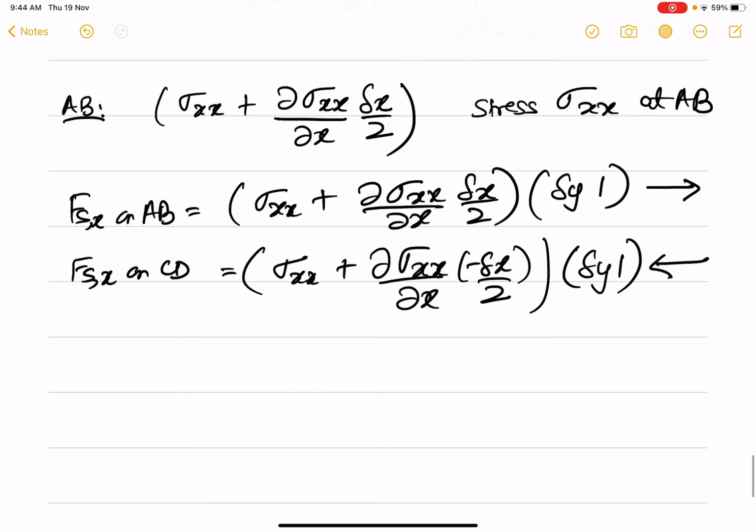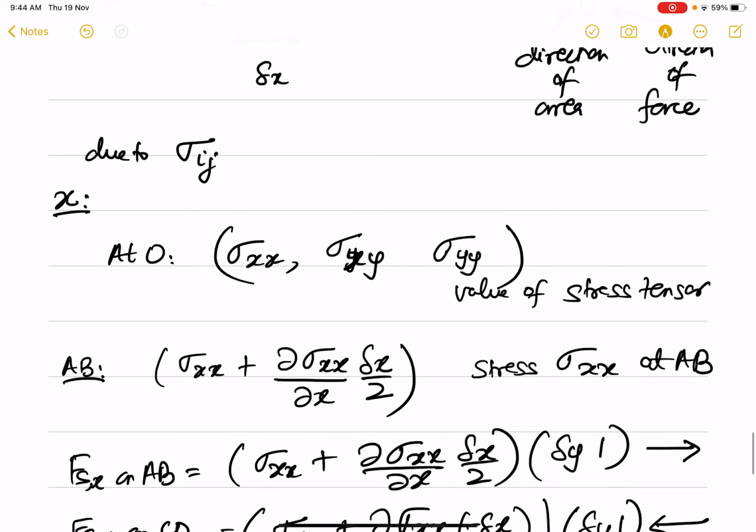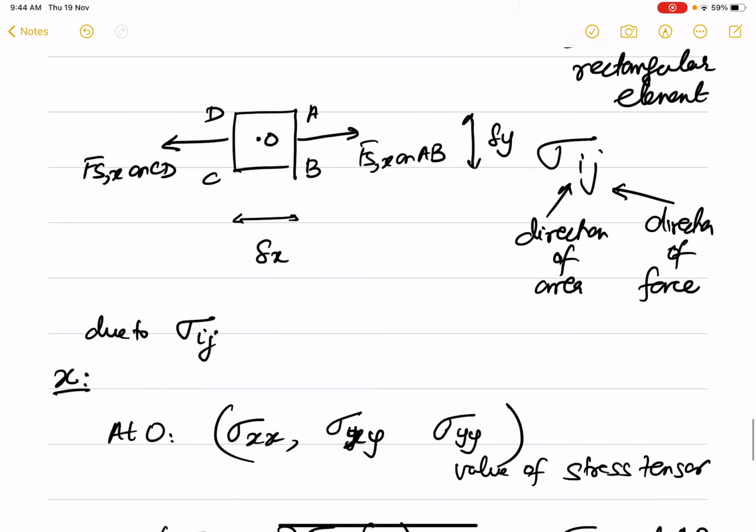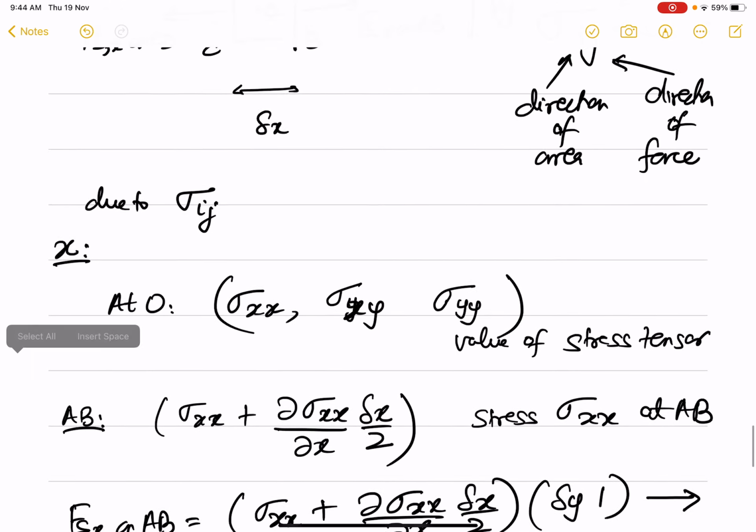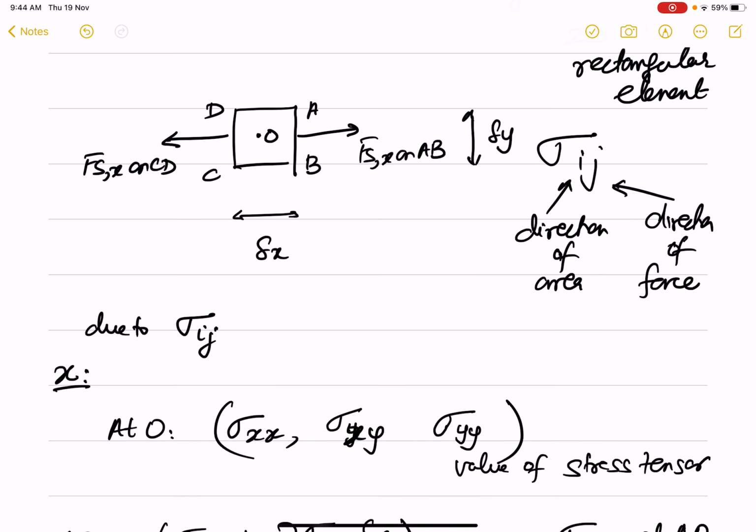Now in addition, we also have Fsx on AD and CB. Why do these forces come? Well, these come because of the shear stress. Shear stress on element AD will be in this direction.